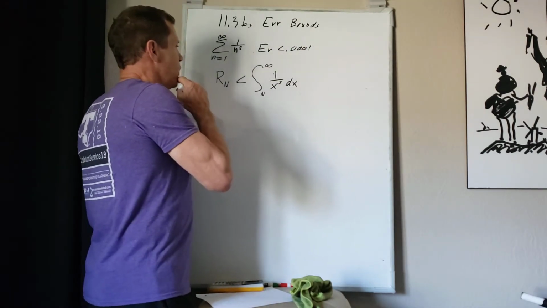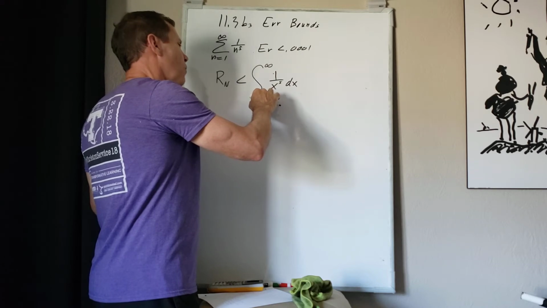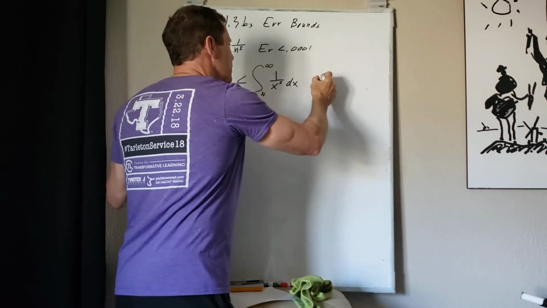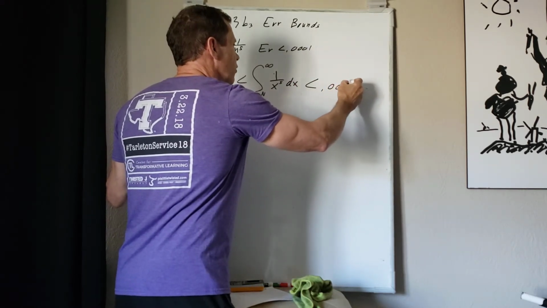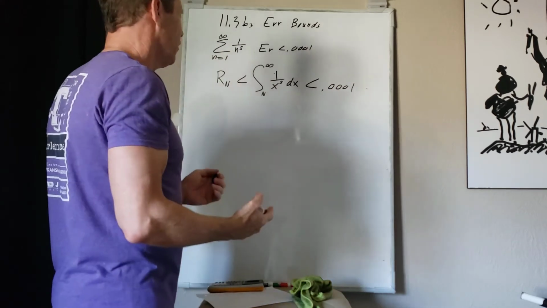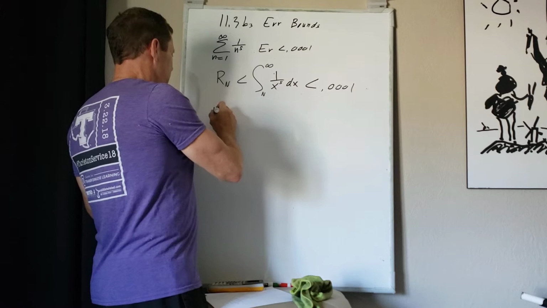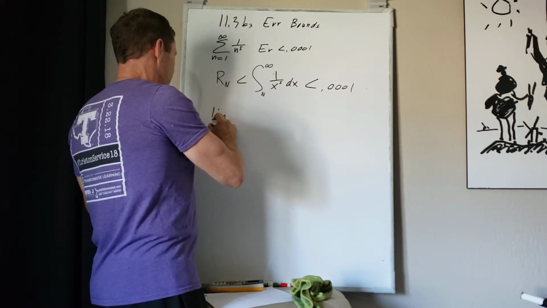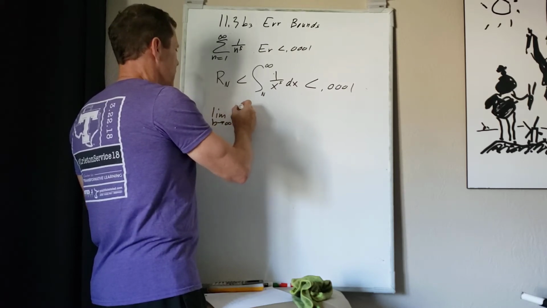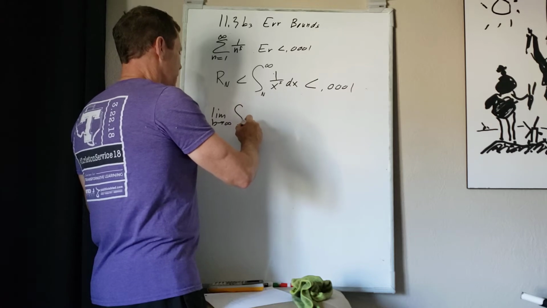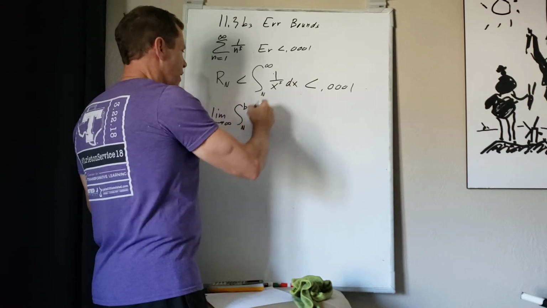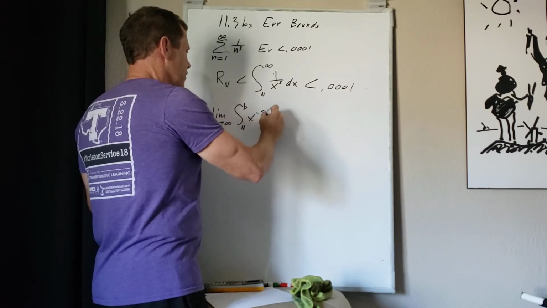And now we just have to figure out what N has to be. I've got to make this less than 0.0001. Let's just take the integral. What's this integral going to be? That's the limit as b goes to infinity of the integral from N to b of x to the minus 5 dx.